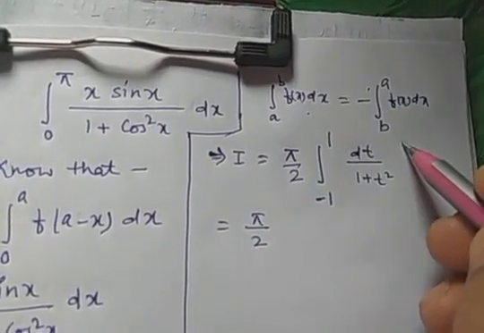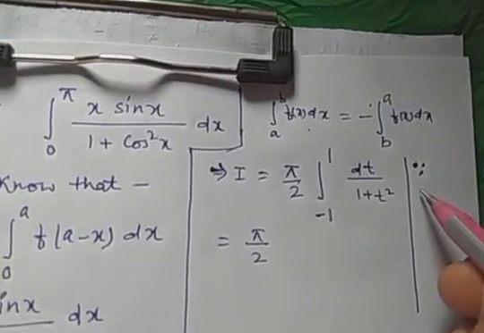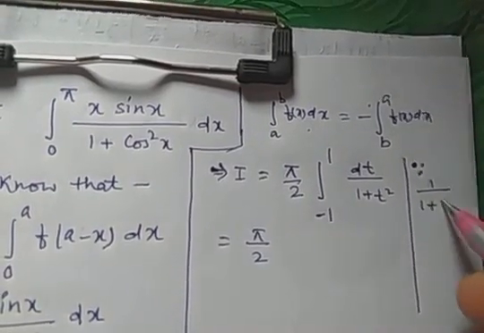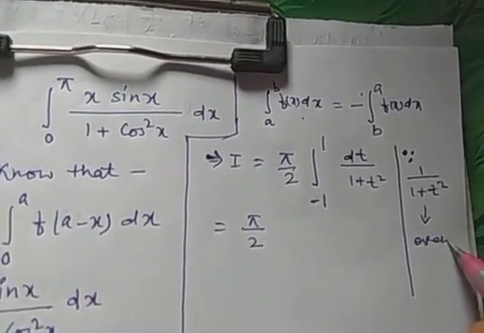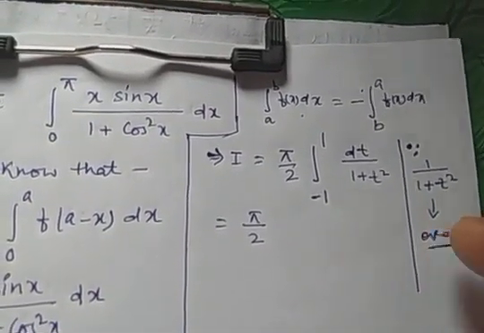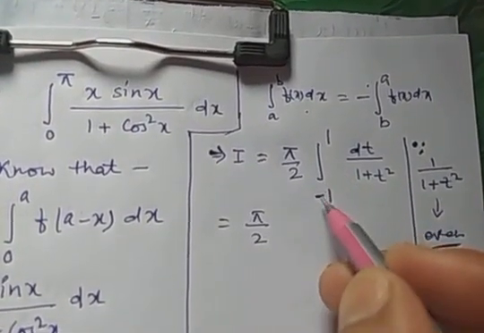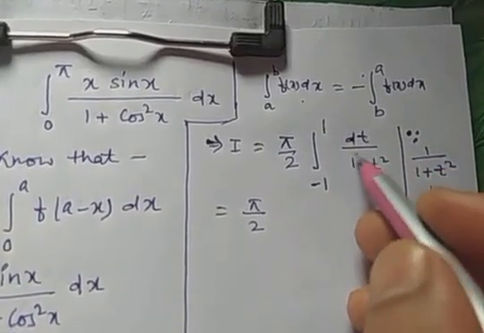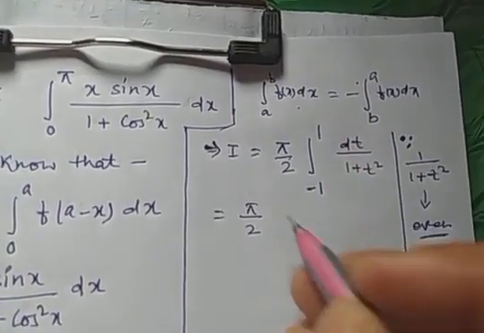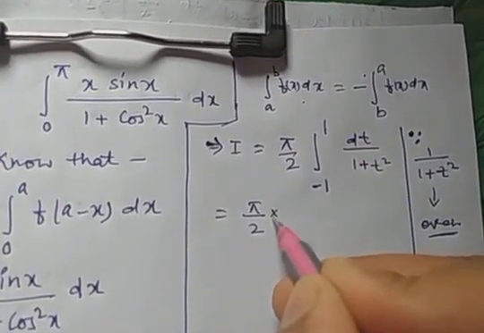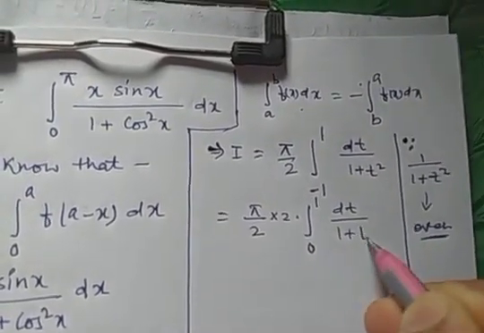Here students, since 1 upon 1 plus t square is an even function, we can write it as 2 into integration from minus 1 to 1 becomes 2 into integration from 0 to 1 of dt upon 1 plus t square.